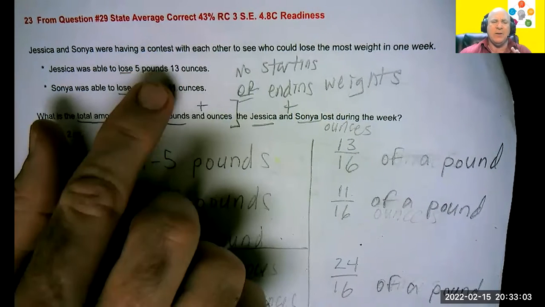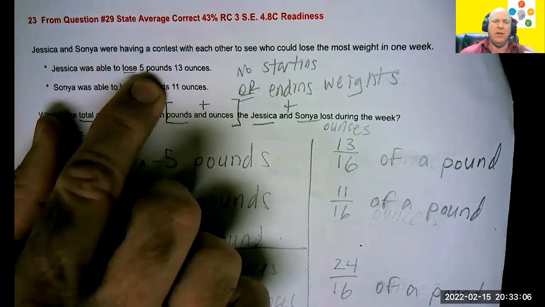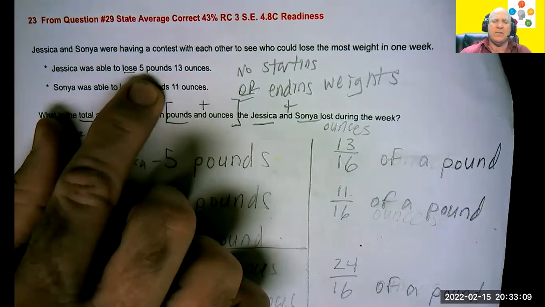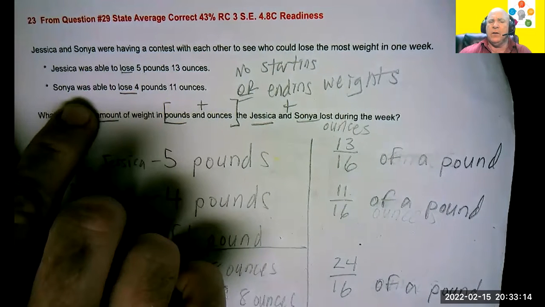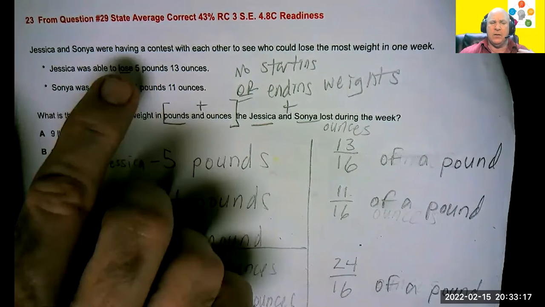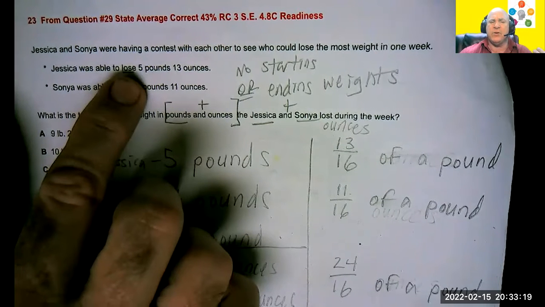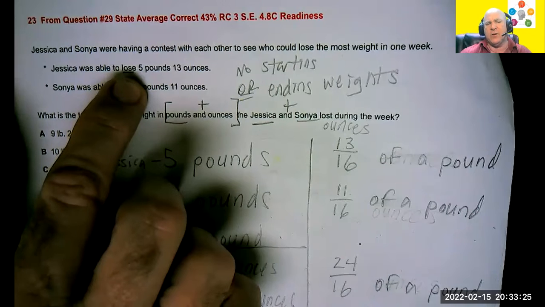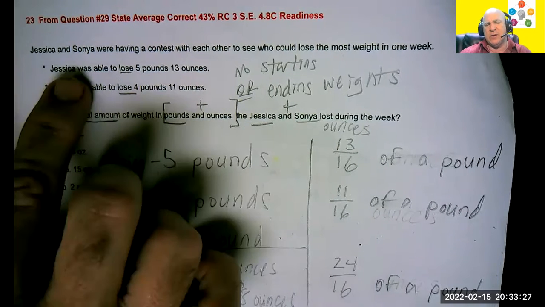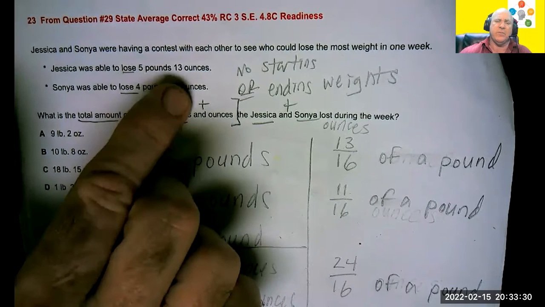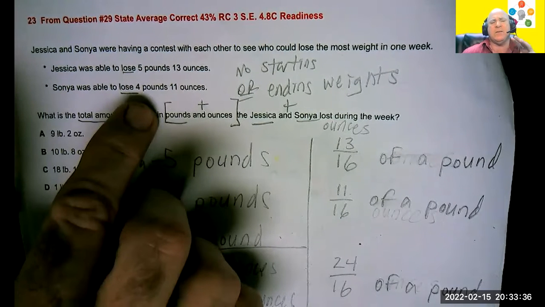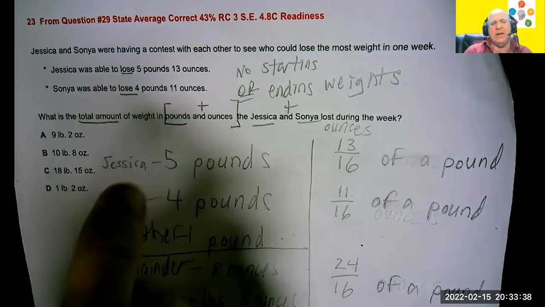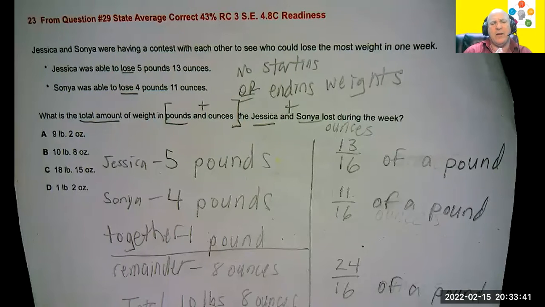So you fifth grade and higher teachers, I want you to extend beyond this problem and give both Jessica and Sonia a starting weight so that we can see, based on percent of your starting weight, what percent of Jessica's starting weight is 5 pounds 13 ounces, and what percent of Sonia's starting weight is 4 pounds 11 ounces, because that would be a different way that secondary or the upper elementary would have to answer that question.